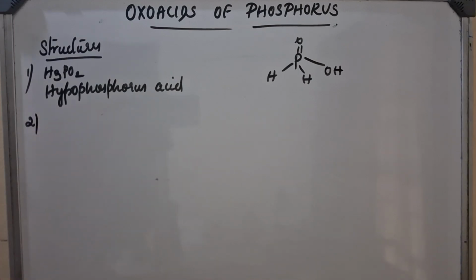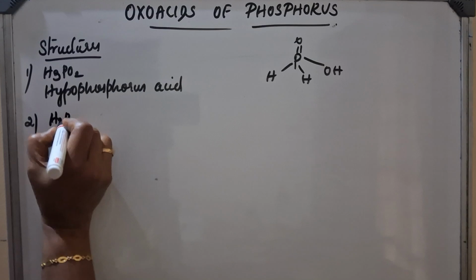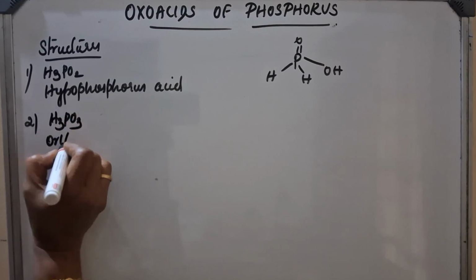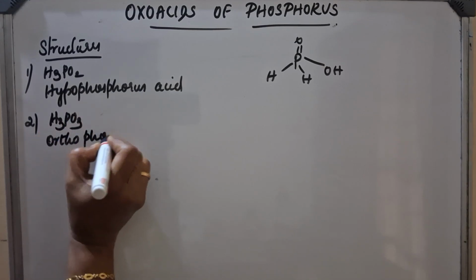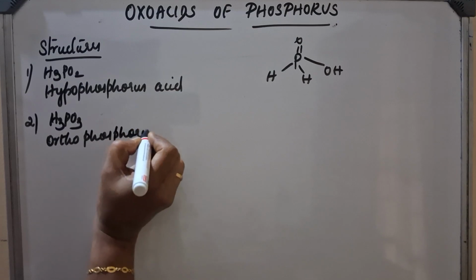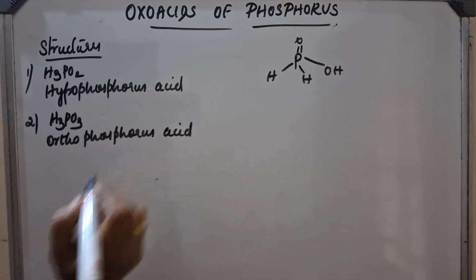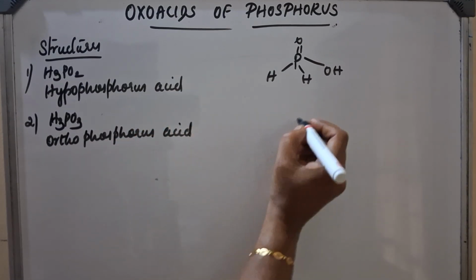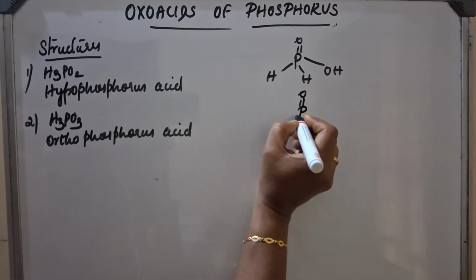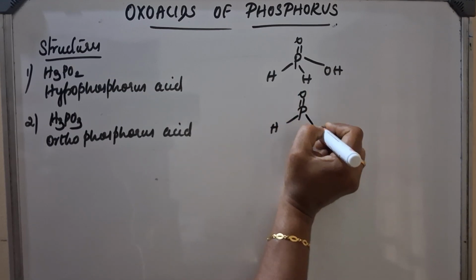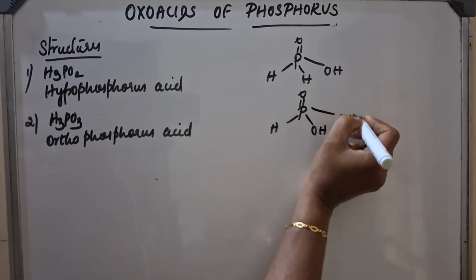Now, second one is orthophosphorus acid, H3PO3. It contains P=O, 1 P-H and 2 P-OH bonds.